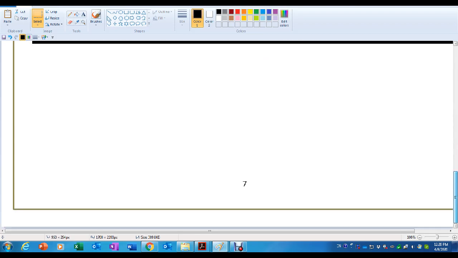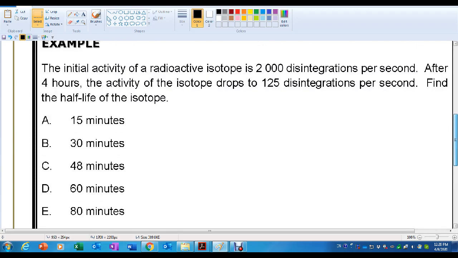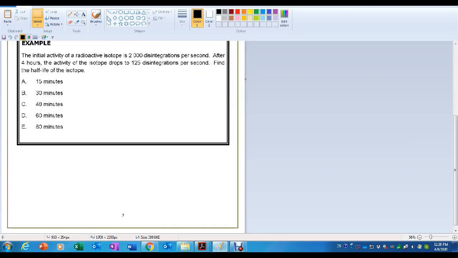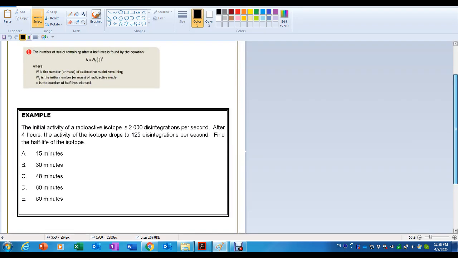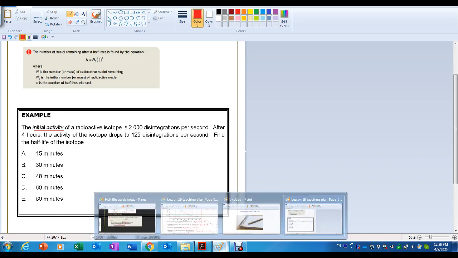Okay, so that's page 7. If you see, that's one example about the activity. And of course, when we see activity, we know that activity is just directly proportional to the number of undecayed nuclide. So that means we could generalize this formula.